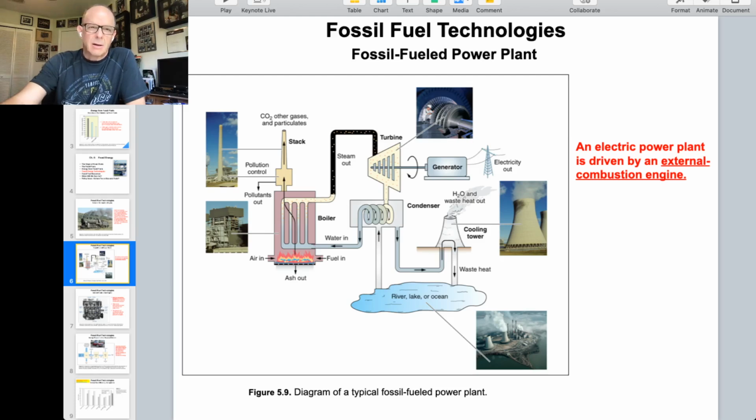But usually you'll see these power plants near a natural body of water, and that body of water is the source for the water that is being boiled to produce steam, and then it is also the dumping ground for the warm water that comes out after it has passed by the turbine.